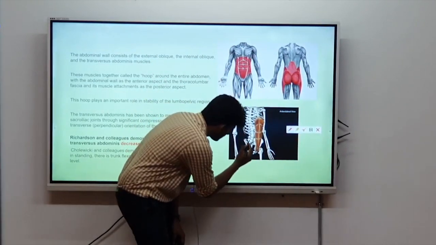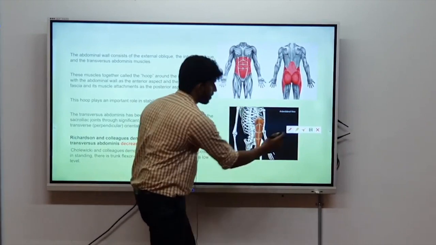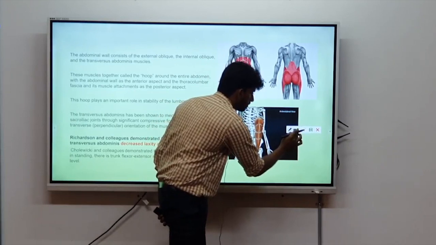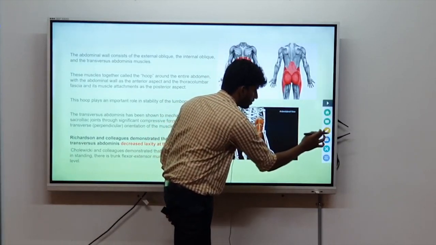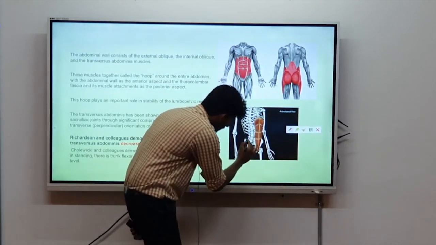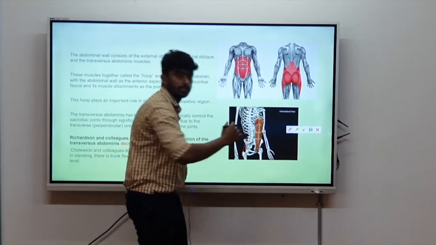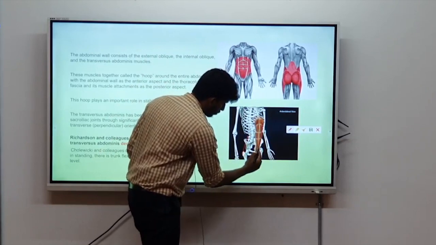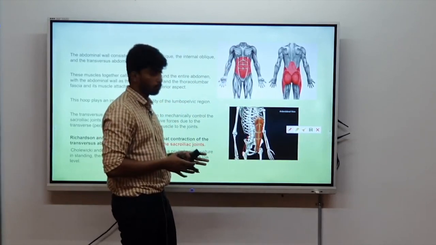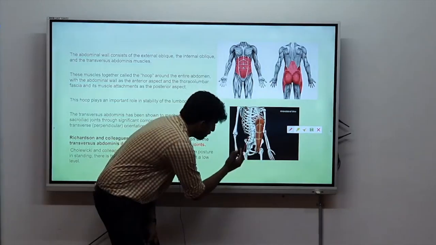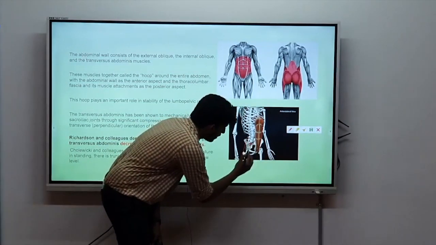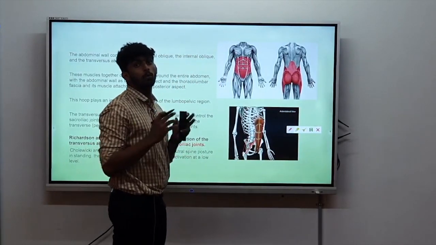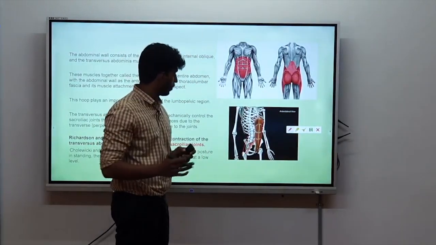For example, if the hip is oriented in this direction, that is the normal direction, and your abdomen is not able to control the hip in its normal position, the hip will tilt more in front, that is, more anterior tilt will occur.